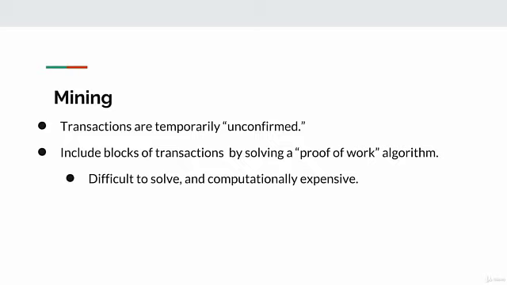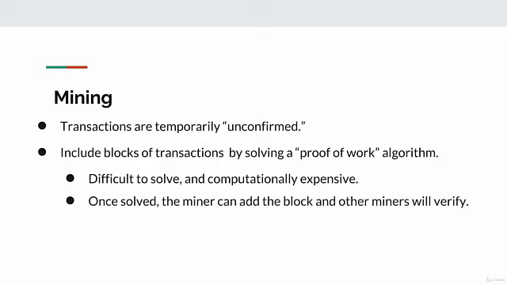There is a low probability of randomly solving this puzzle, so a lot of trial and error is required to find the answer to the proof of work algorithm, which is time consuming and computationally expensive, which is why it's called mining. So once the miner solves the proof of work algorithm, they gain the rights to submit a valid block containing the transactions to the blockchain.